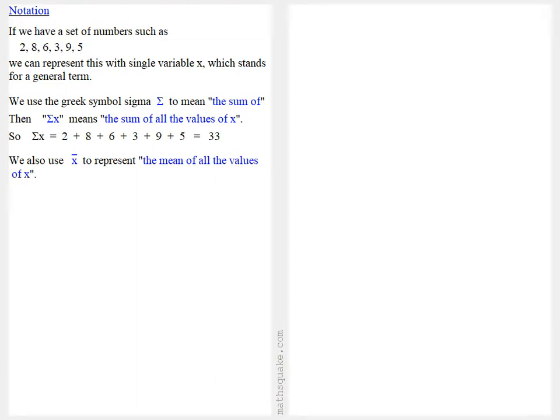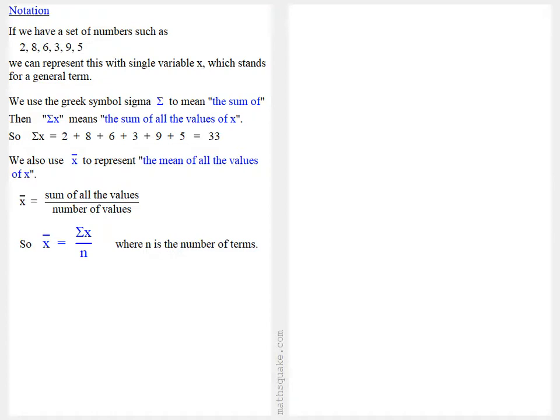We also use x with a bar over the top to represent the mean of all the values of x. So x bar is equal to the sum of all the values over the number of values, or x bar is equal to sigma x divided by n, where n is the number of terms.